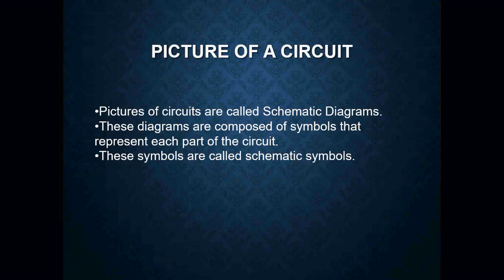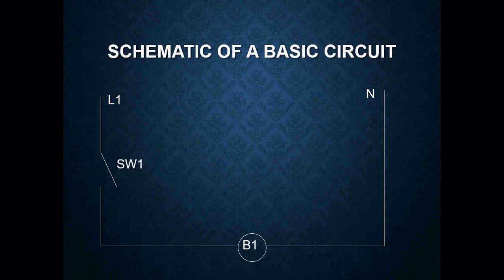Now, the picture of a circuit is called a schematic diagram. These diagrams are composed of symbols that represent each part of the circuit. These symbols are called schematic symbols. So here is a very basic, simple electrical diagram.